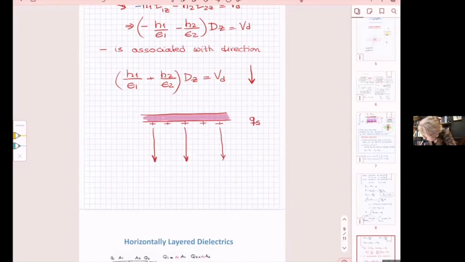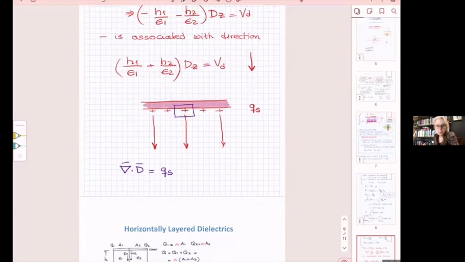Now, what I do, I take a small area here and I apply there, because at this point we know the divergence of D equals what? You remember that?